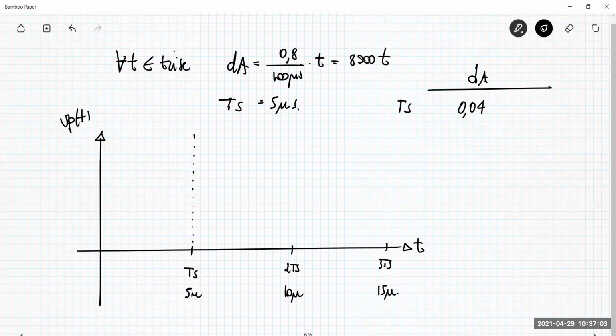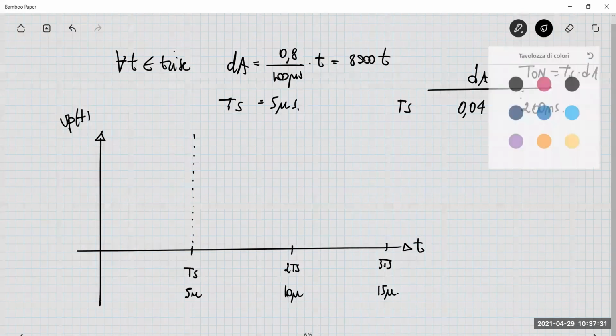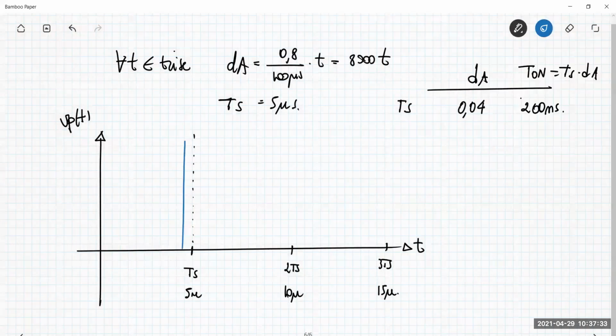What does it mean in terms of on interval? The interval in which the switching function u is 1 is Ts multiplied by the duty cycle. Ts is 5 microseconds, multiplied by 0.04. This is 200 nanoseconds.